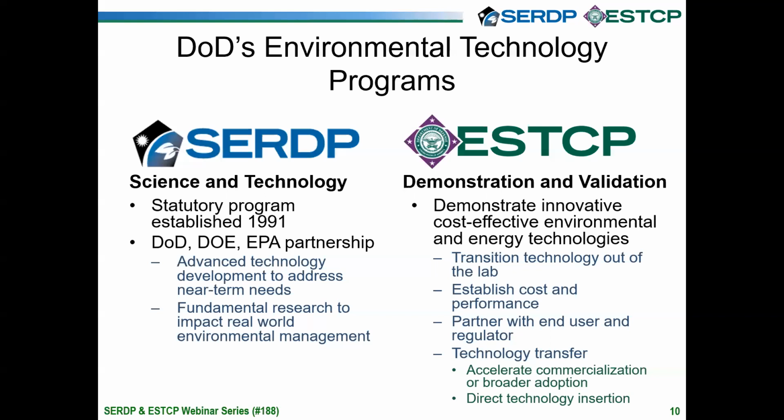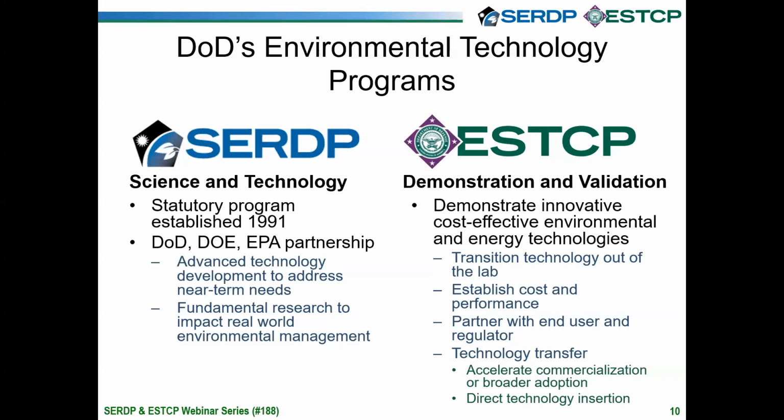ESTCP is the Environmental Security Technology Certification Program, in which innovative environmental and energy technologies are demonstrated. These investments capitalize on past investments under SERDP or other research programs and are really designed to transition technologies out of the lab and into the field.